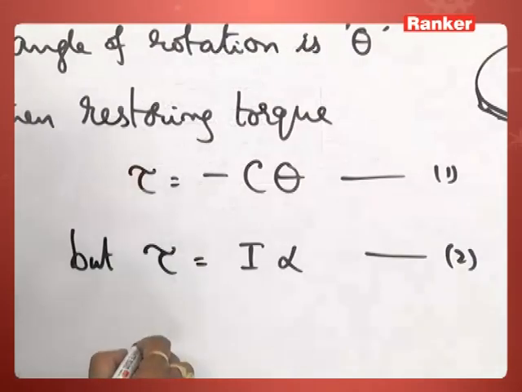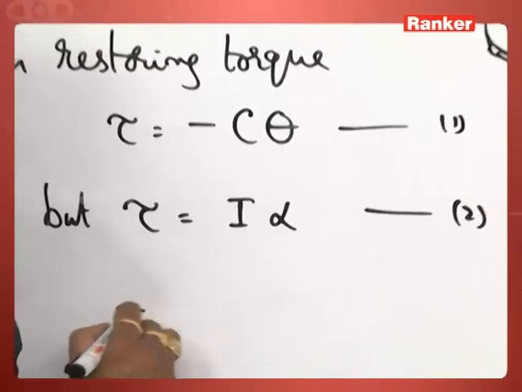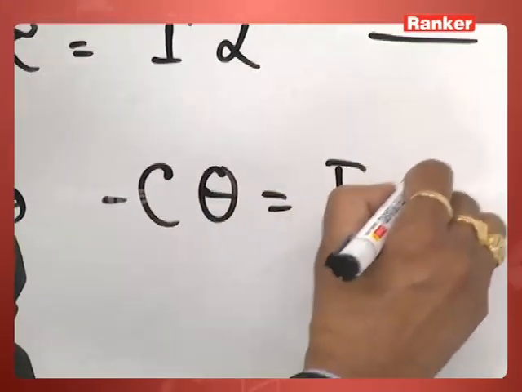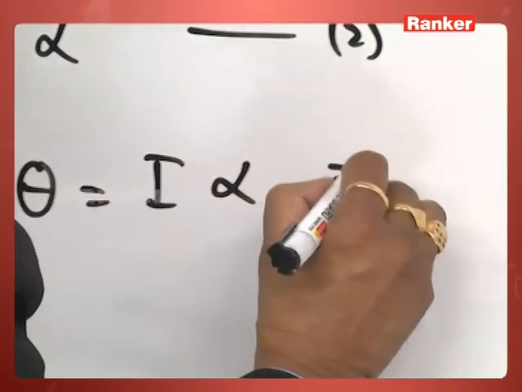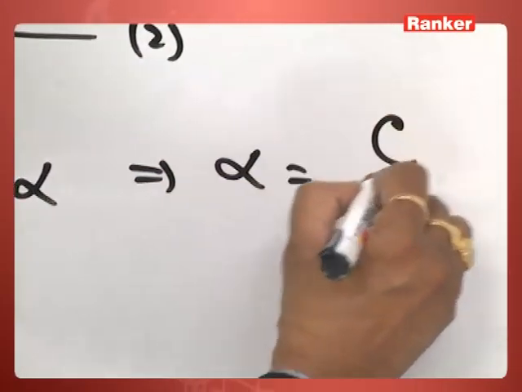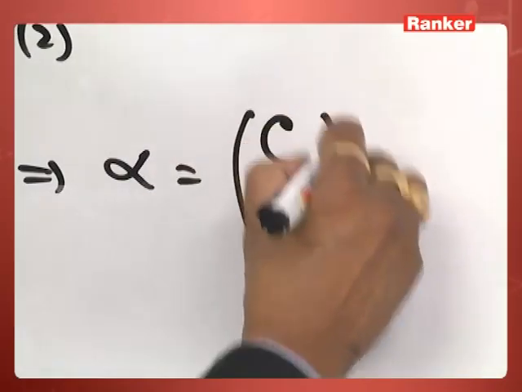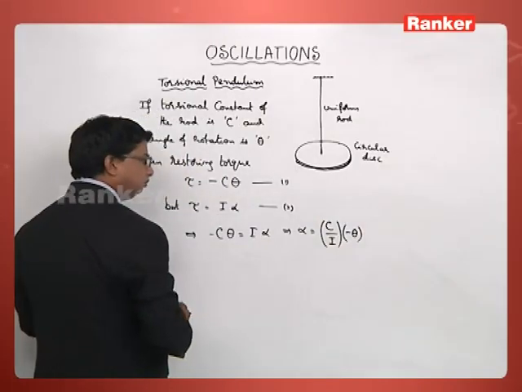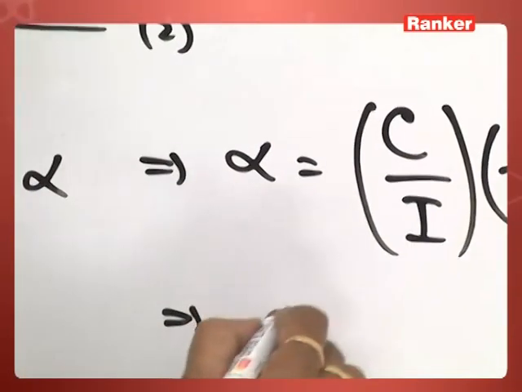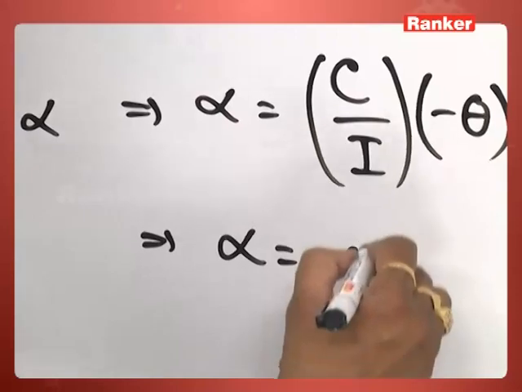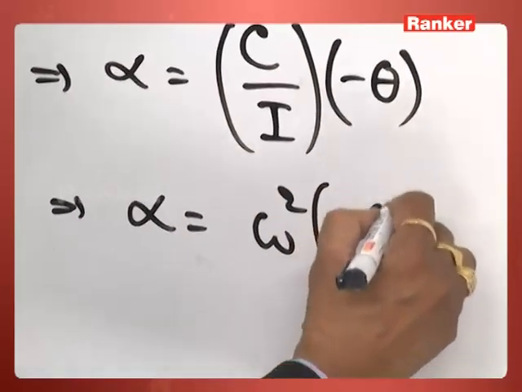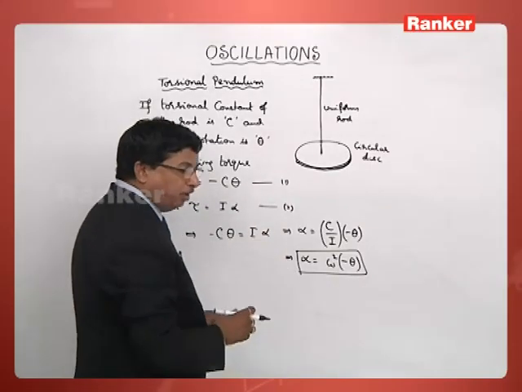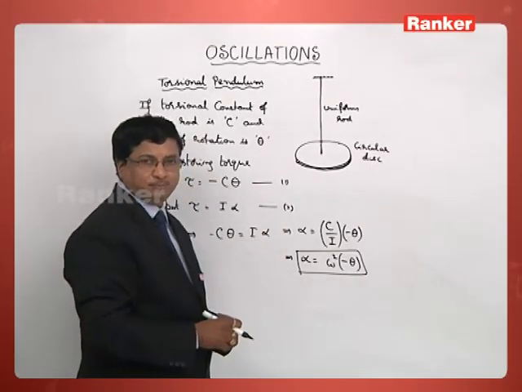Now equating these two, we can write C theta is equal to I alpha, that implies alpha will be C by I into minus theta. This is exactly similar to alpha is equal to omega square into minus theta, the condition for simple harmonic motion of a body.